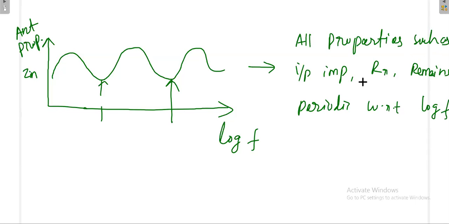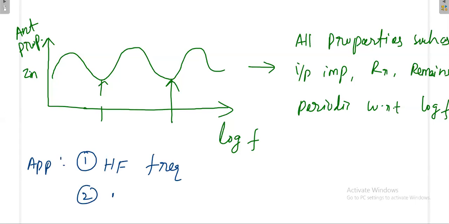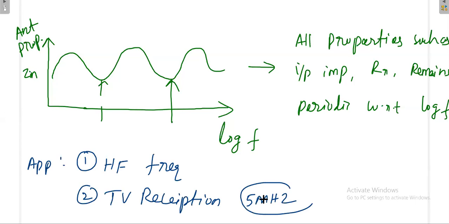So where are we using the log periodic antenna? What is the application of the log periodic antenna? One is high frequency broadband communication, and another is TV reception. For TV reception we need a broadband antenna, because TV by nature is broadband. Before modulation TV bandwidth is 5 megahertz.